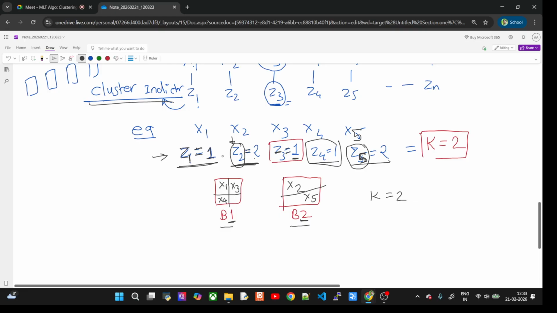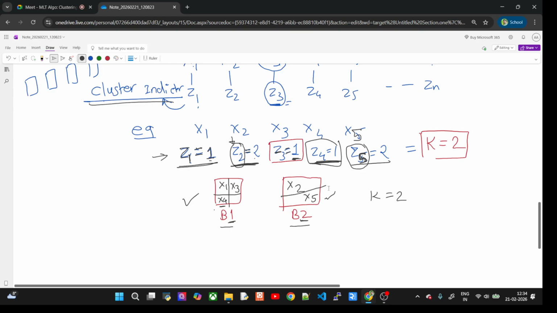For understanding x1 and z1, I am giving this example. x1 has a z1 indicator of 1, so it will go in box 1, z2 in box 2, z3 in box 1, z4 is also in box 1 because z4 is 1, and z5 is also in box 2.